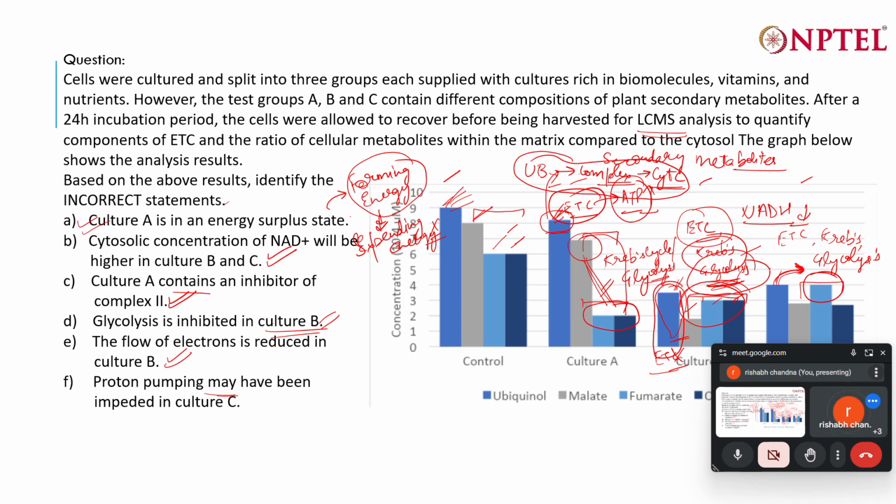Okay, because the electrons are actually being moved on, and we do not know at what step this is taking place, because ubiquinol levels are low. That means only complex 3 is affected, but the other complexes are not affected. So this cannot be the correct answer. Okay, so the correct answer, that is the incorrect statement, is option F. That means proton pumping may have been impeded in culture C is not the correct explanation.